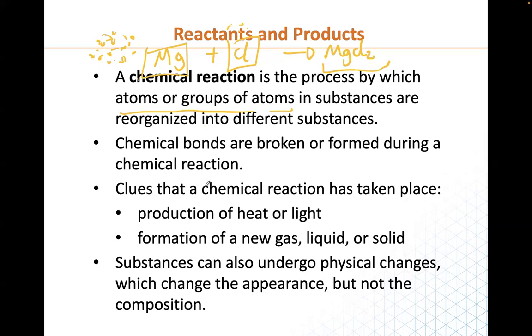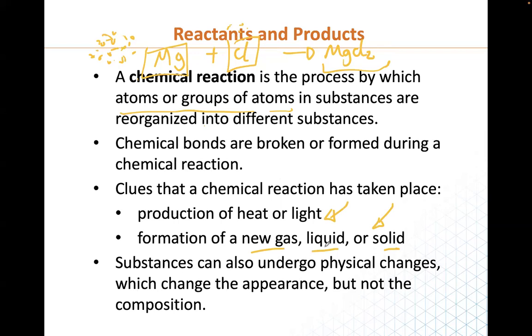What are the clues for a chemical reaction? What are the things you see to know that a chemical reaction has taken place? There will be production of heat or light. There will be formation of a new gas, liquid, or solid. You're not going to get magnesium as the product. You're going to get something else, magnesium chloride.